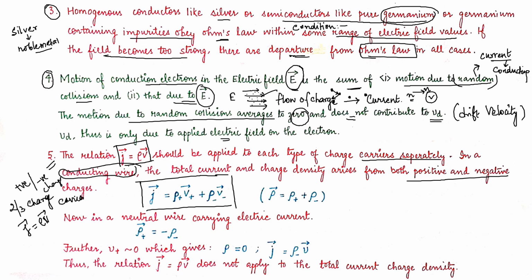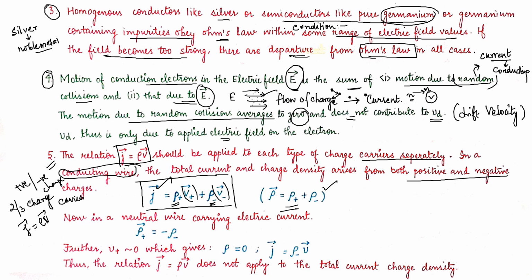Okay. So current density equals the charge density of the positive carriers times the velocity of the positive, plus the charge density of the negative carriers times the velocity of the negative, where the densities can be simply added up.